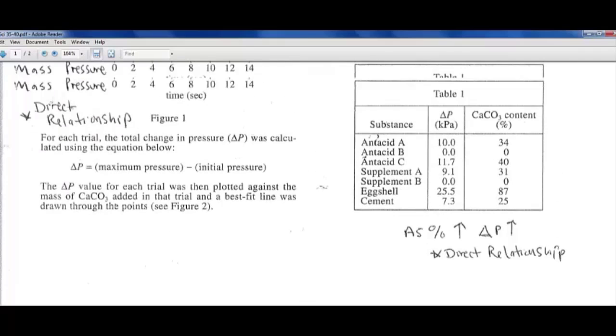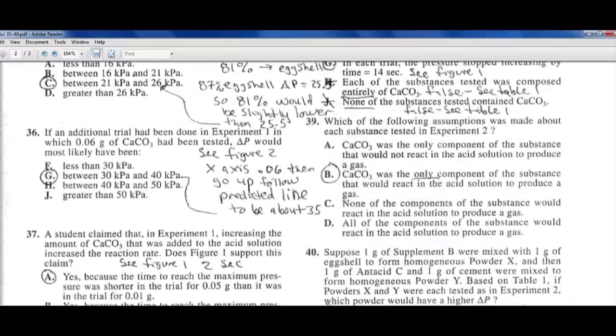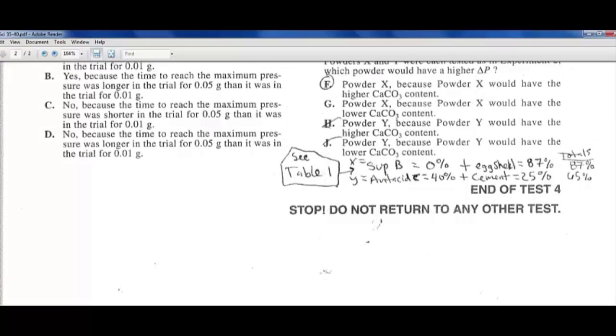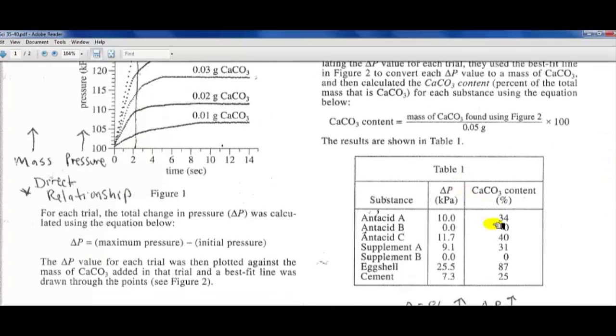Let's go back up there one more time and look. Higher contents of CaCO3, does that produce higher delta P or lower? We have a total for powder X of 87%. So let's see for percent of 87. That will give us about eggshell.